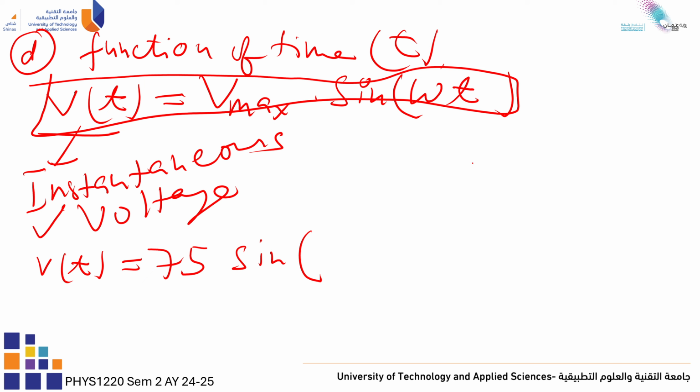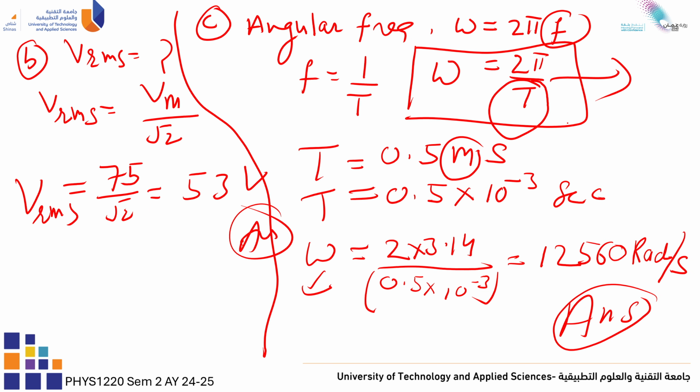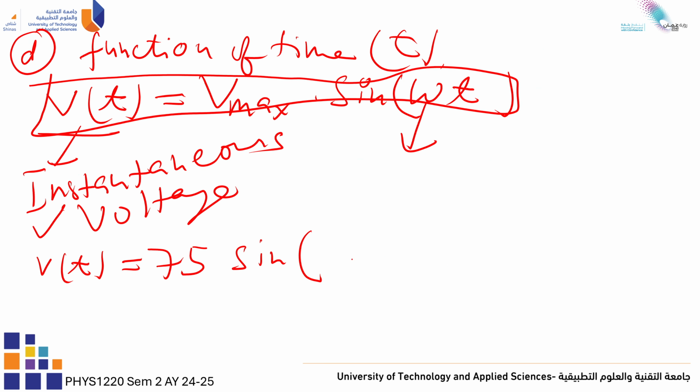Now we have to keep the value of the angular frequency. We found the value of the angular frequency is 12,560. So I will write this value here, 12,560, and multiply by t. So this is the answer here.